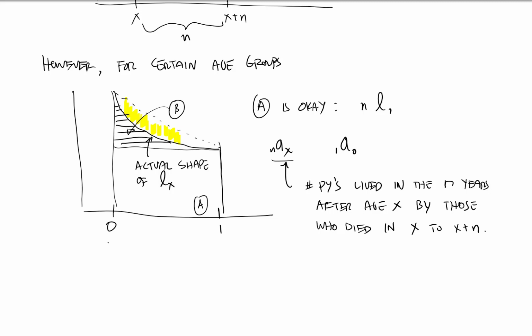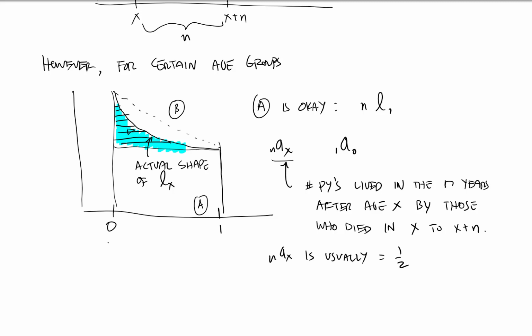So nAx is going to be the area here of this curved bit. Now, as is a reasonable assumption for most ages, if deaths occur relatively uniformly over the ages x to x plus n, and that's most of them, then nAx is usually equal to n over 2.